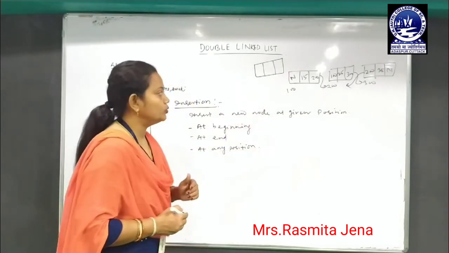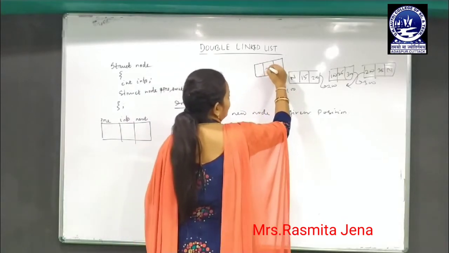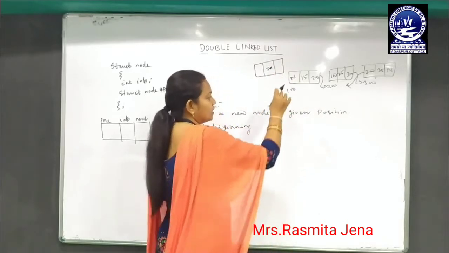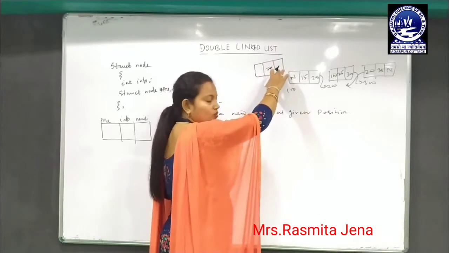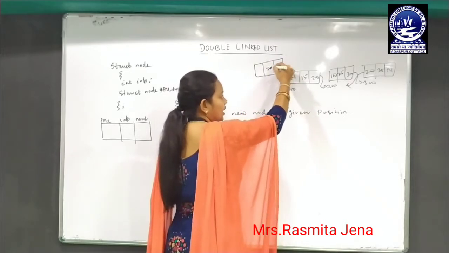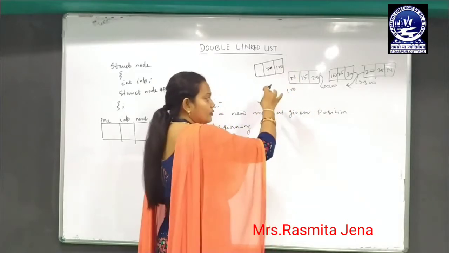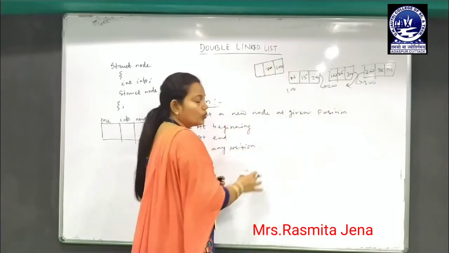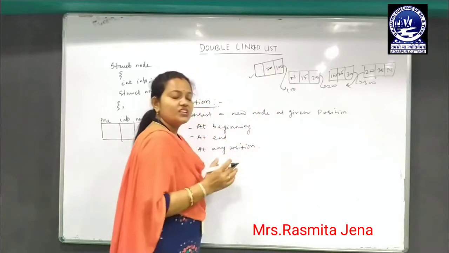Then what we will do in that case, suppose this contains data 26. Okay. And we will store the address of the first node in the next part of this. That means we store 100, which is our starting node, in this location. And when we store 100 in the next part of the new node, it will point to this node and this node becomes our starting node.